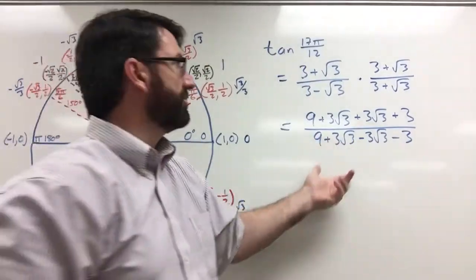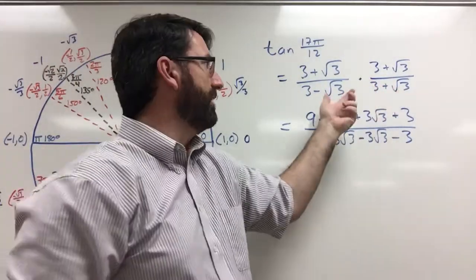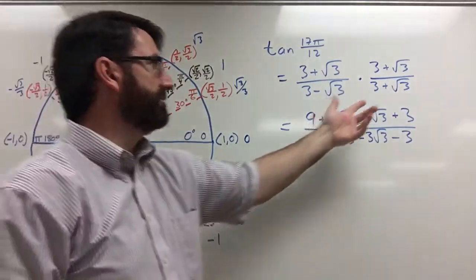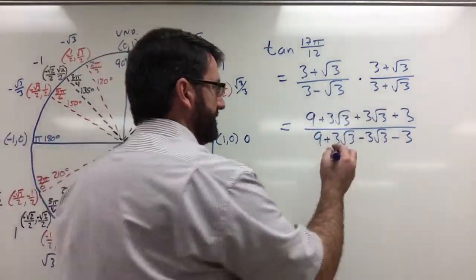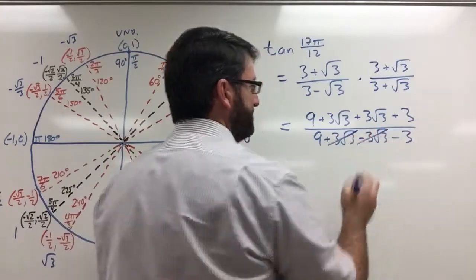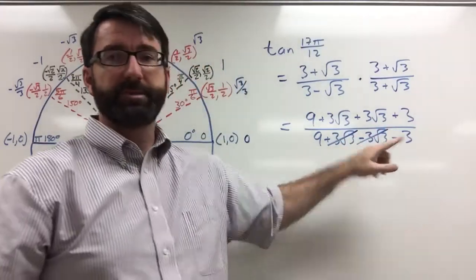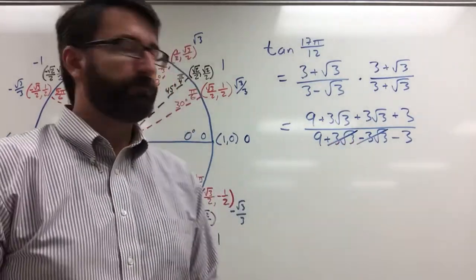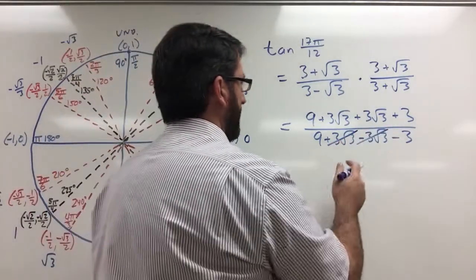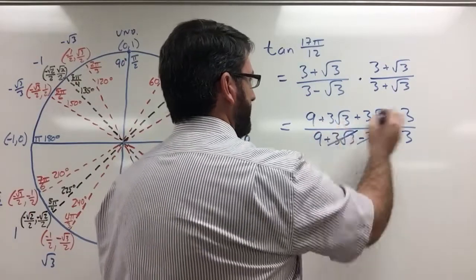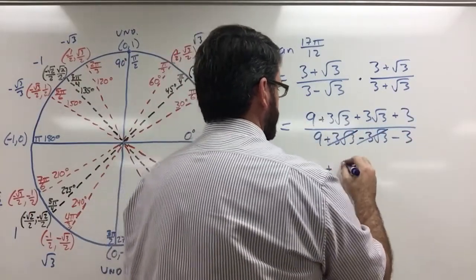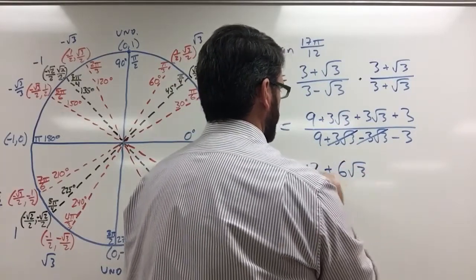And now notice that the reason that we multiply by this binomial, this conjugate, is that this is always going to happen, that these middle terms, the two terms that contain a square root, will add to 0. And so now those are gone, and so we get up on the top 9 plus 3 is 12 plus 6 square root of 3.